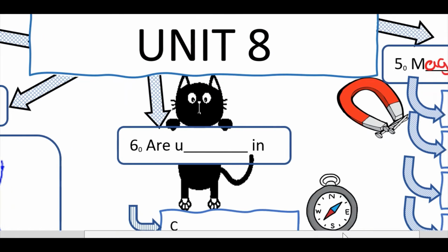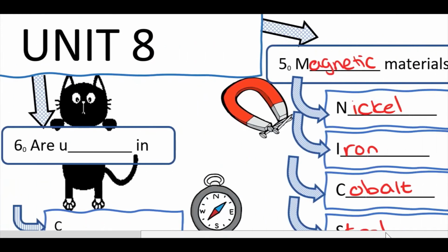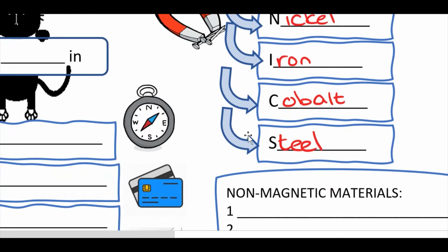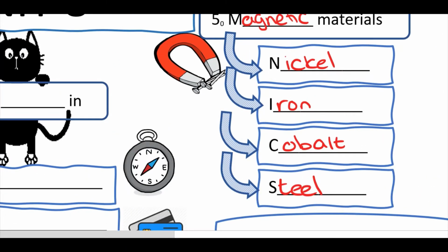So magnetic materials, you have these metals, right? Nickel, iron, cobalt, and steel. And these four can actually be turned into magnets as well.